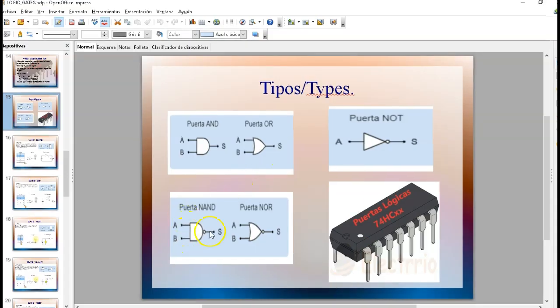Okay, this is the NAND gate, and this is the OR gate. A NOR gate is going to give me 1 here in case I obtain 1 in any of these two, and the NAND gate is going to give me 0 if I have at the same time 1 and 1.